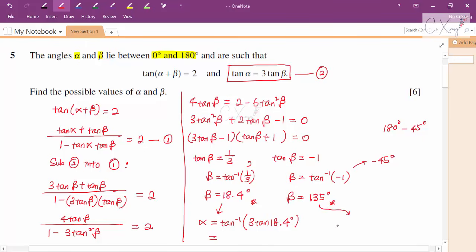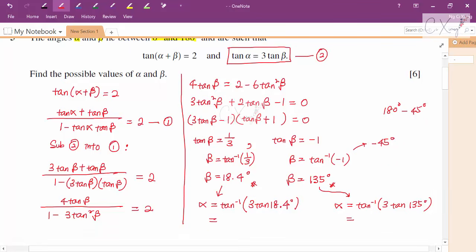And for this part of beta, again, to find the alpha, you will have tangent inverse of 3 tangent beta, where beta is 135. Press the calculator to get the answer for alpha as well. If you didn't make any careless mistake when pressing the calculator, the answer for alpha in this part should be 45, and the second answer for alpha will be equal to 108.4.